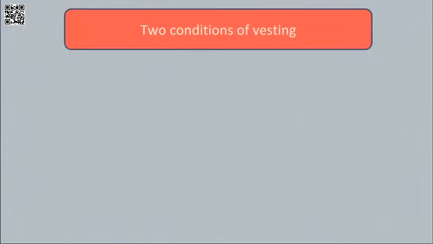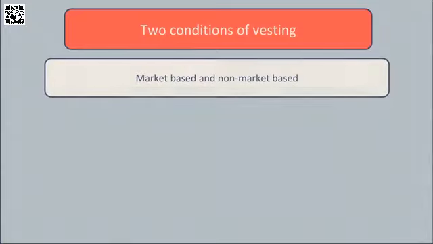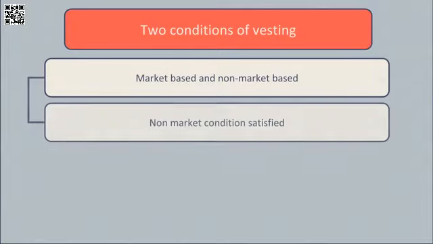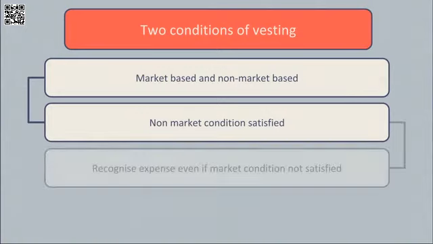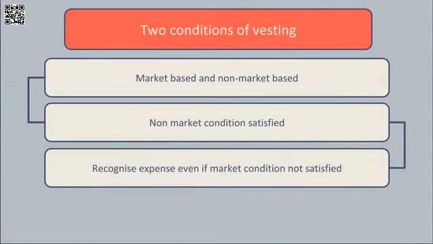Now, what if you had 2 conditions for vesting, market-based and non-market-based? What would you do? When or how should they be recognised? If the party satisfies the non-market-based condition, e.g., they must stay for 5 years, and they do, the expense is recognised even if the market condition is not satisfied.